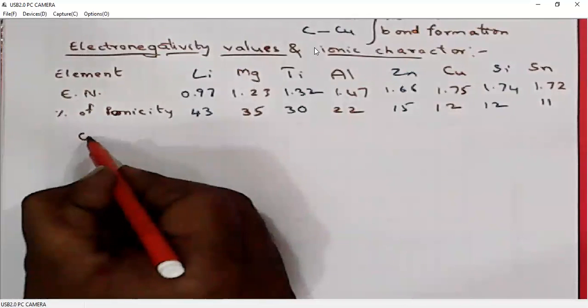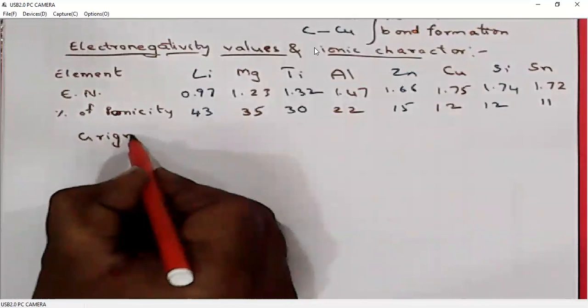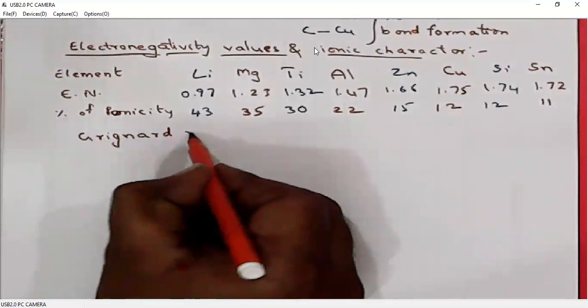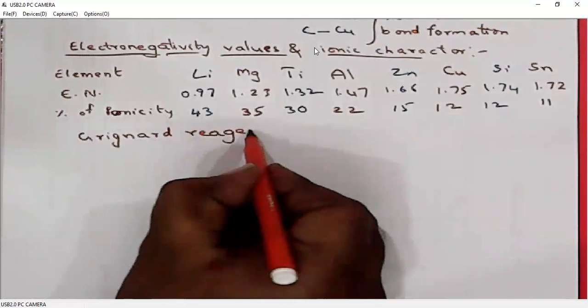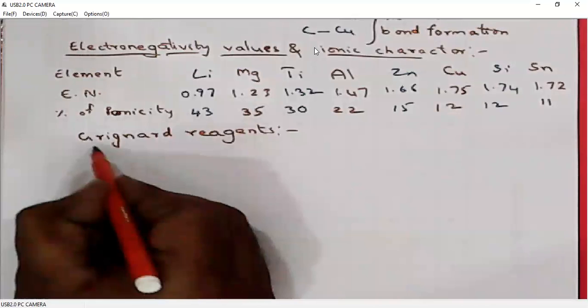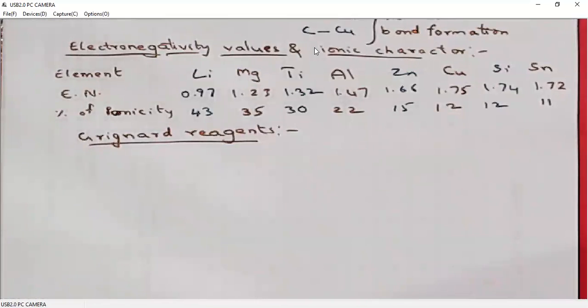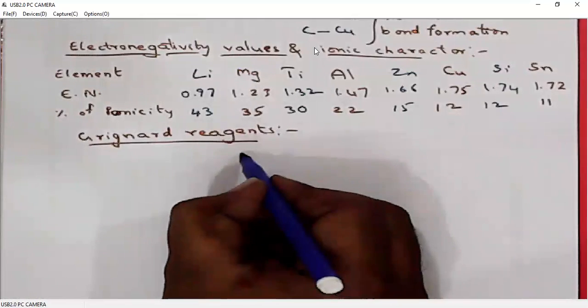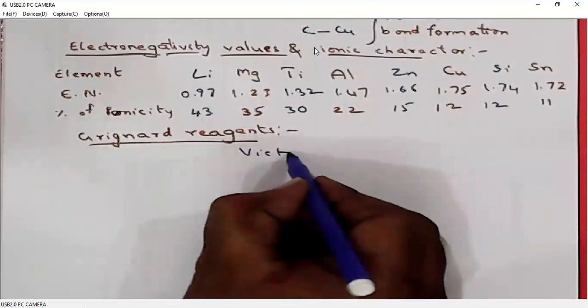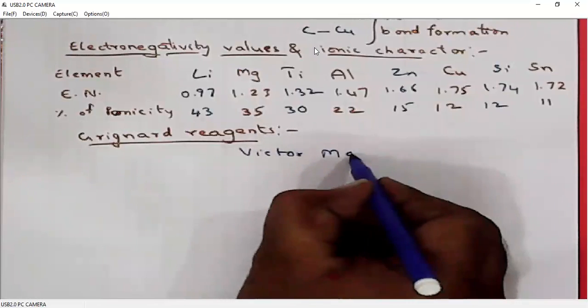Now we will start with Grignard reagents. Grignard reagents were discovered by Victor Mayer Grignard.